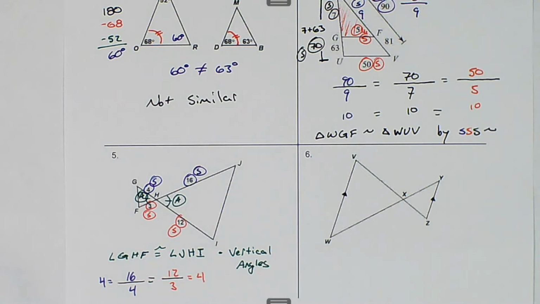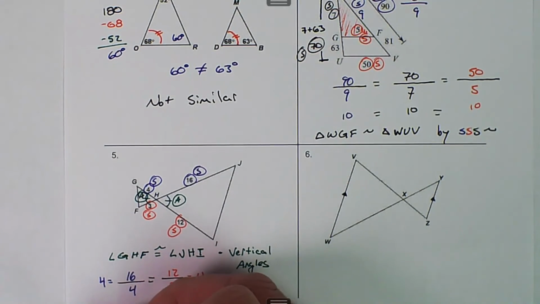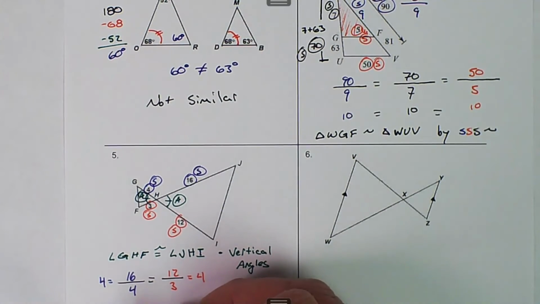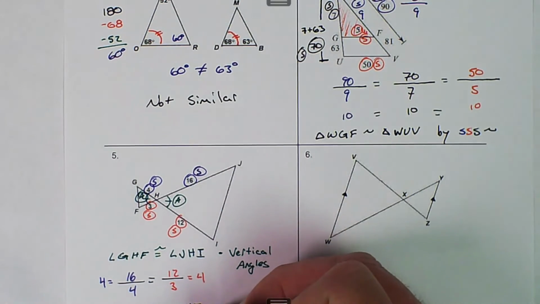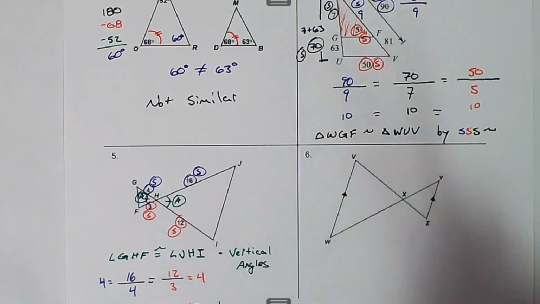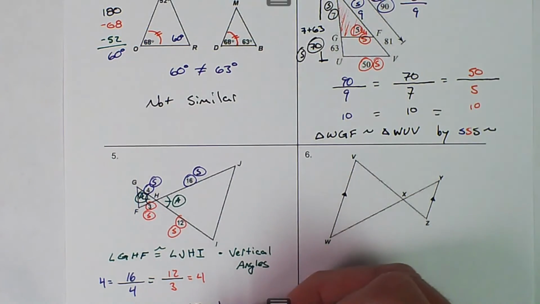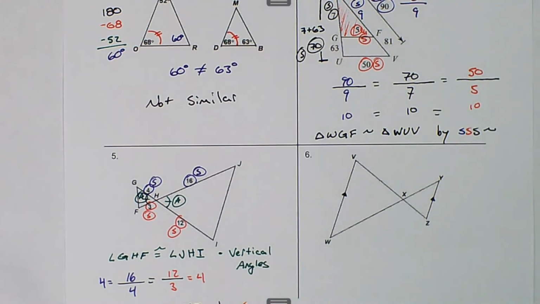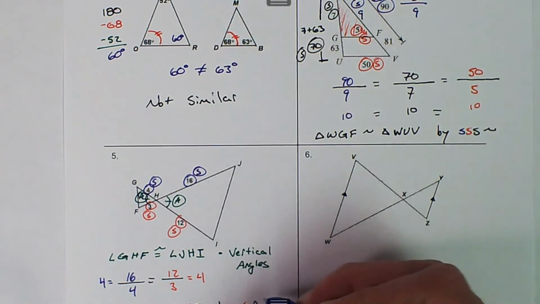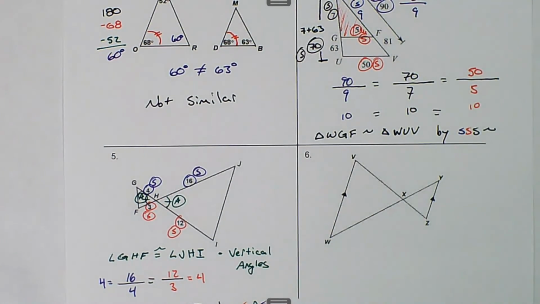So triangle, and we can use the way that we named that angle up there, triangle GHF is similar to triangle JHI by side, angle, side similarity.